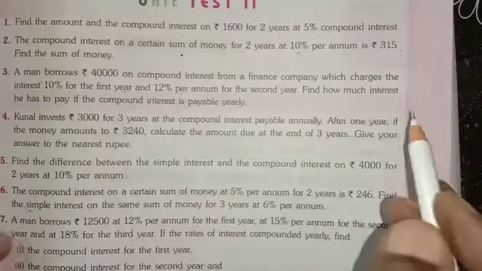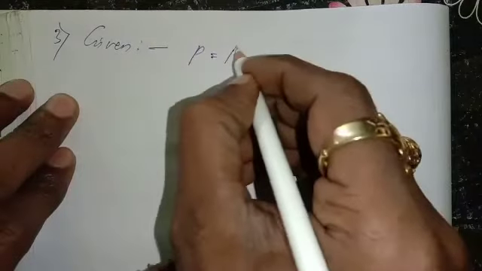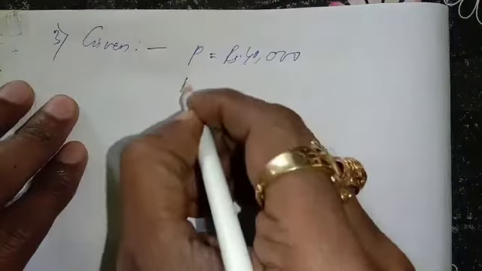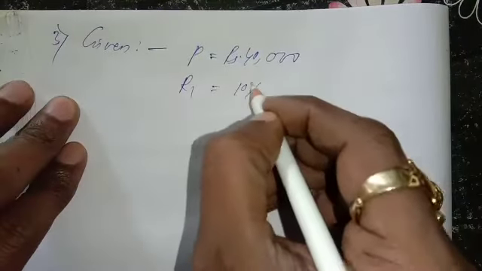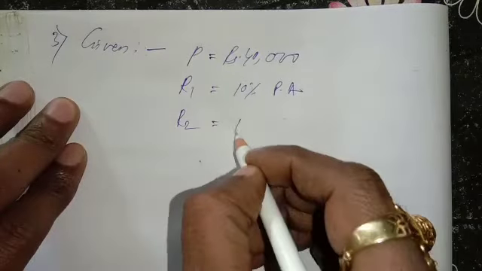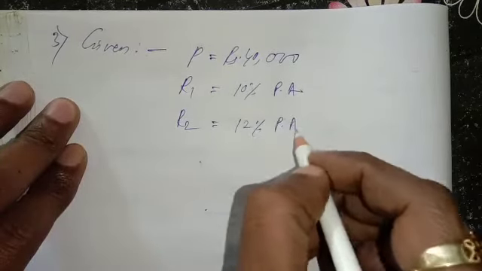Okay. Let us see how to find out. Question number 3. What is given? Principal rupees 40,000, money borrowed from the finance company. First year rate R1 given 10% per annum, and second year rate R2 given 12% per annum.